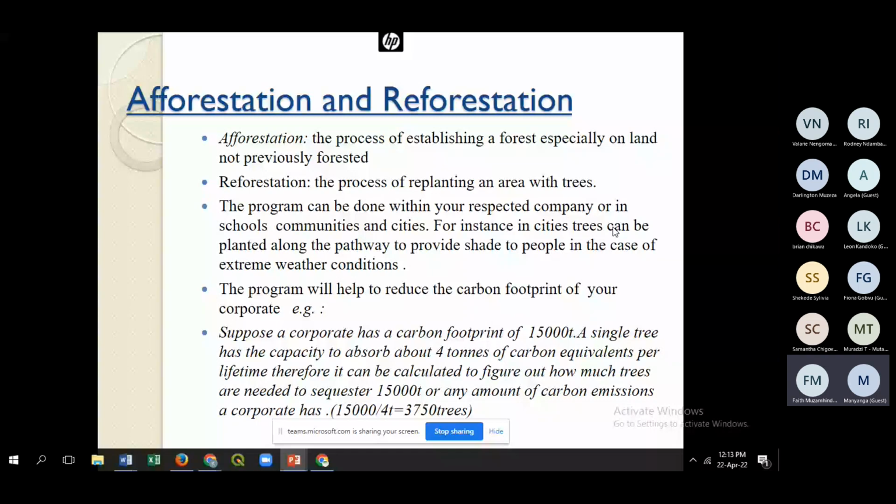To give you an example, from 2007 up to 2019, the price of carbon credits per ton of CO2 was selling at between $3 and $5 US. But when the Paris Agreement came into force in 2020, the price jumped.